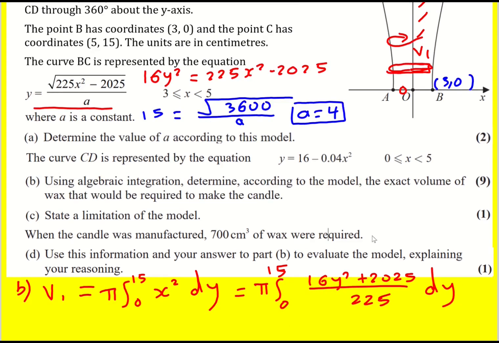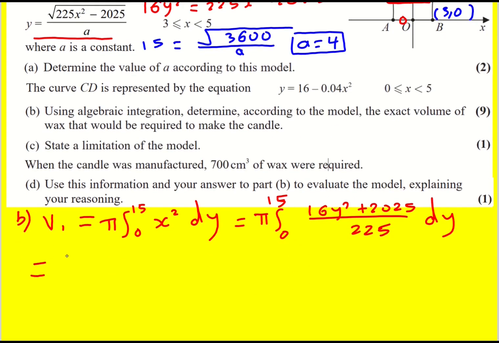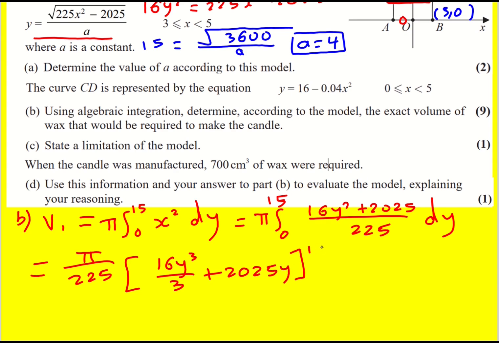That will get me my volume. I can actually take that 225 outside the integral and then let's integrate. We're going to get 16y cubed over 3 plus 2025y evaluated between 15 and 0.